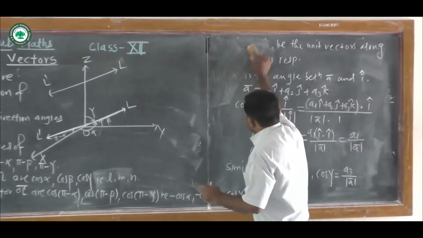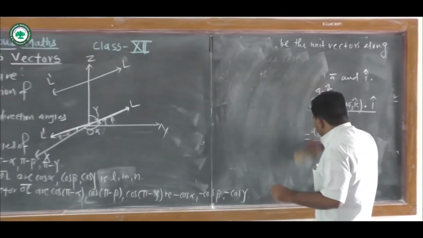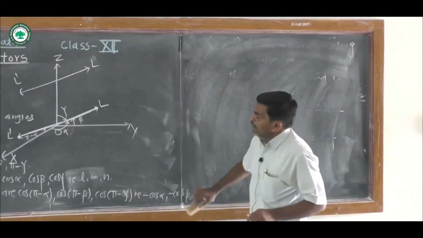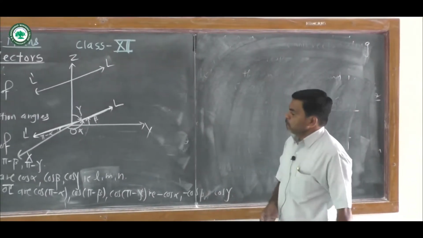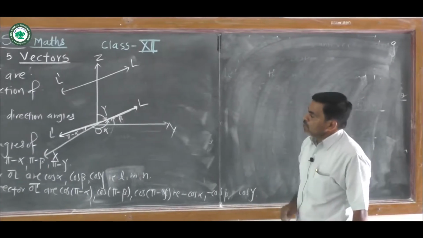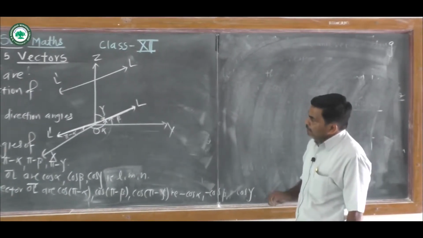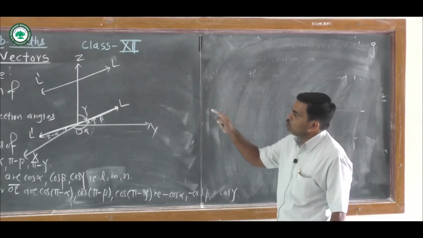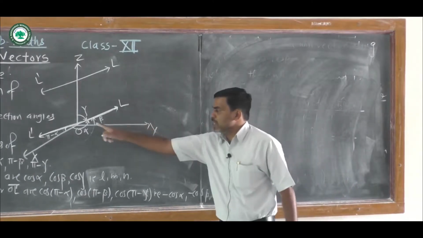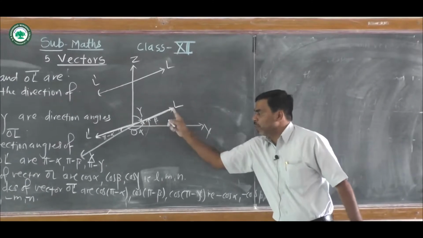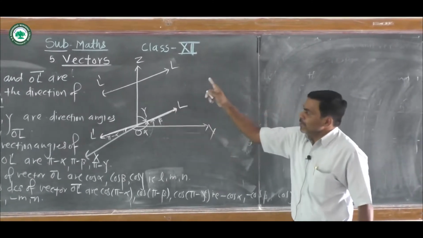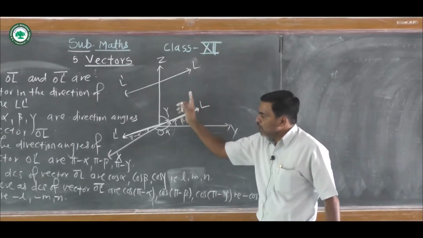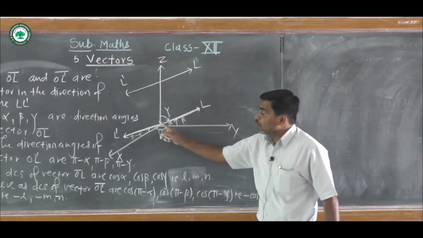We know that the line L dash and vectors OL and OL dash are parallel. So either the direction cosines of line L dash are equal to the direction cosines of vector OL, or the direction cosines of line L dash are equal to direction cosines of vector OL dash.